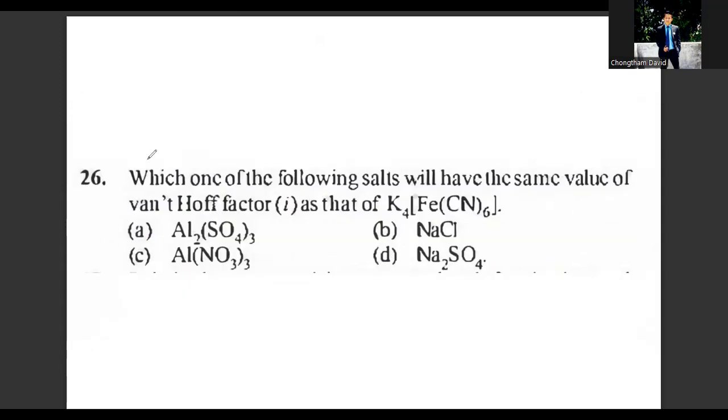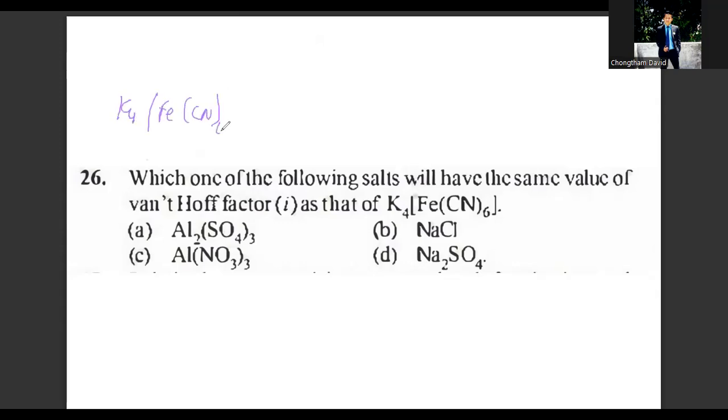Which one of the following salts will have the same value of van't Hoff factor i as that of potassium ferrocyanide? You just find the number of particles, and that would give you the answer for this question. You can also write it down.